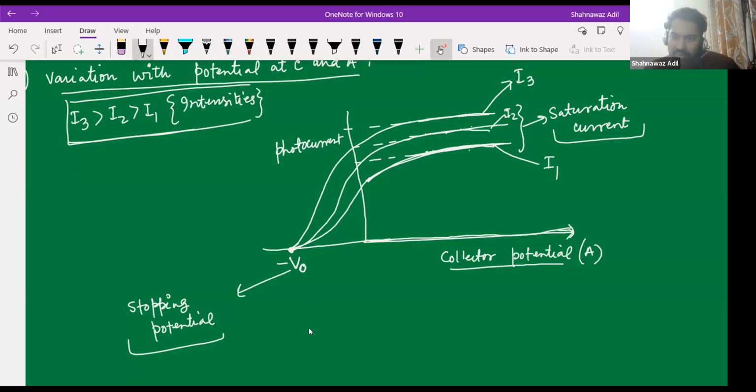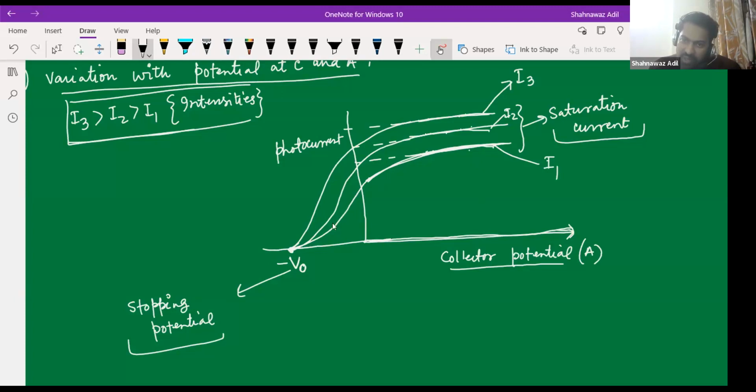So I mean to say, saturation current is changing for different intensity. You guys can see the stopping potential.